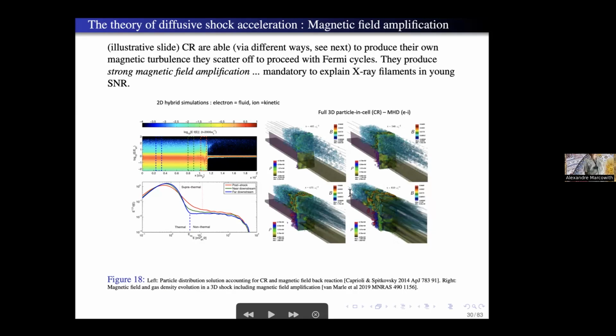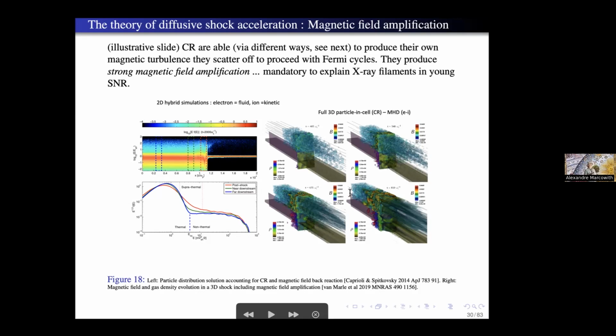You need very refined plasma physics to answer it, because you are heating your gas when you have a shock, and then you extract a fraction of this heated gas and put it in non-thermal particles. But what fraction you have to use depends on plasma microphysics. And for this, you need some numerical simulation.